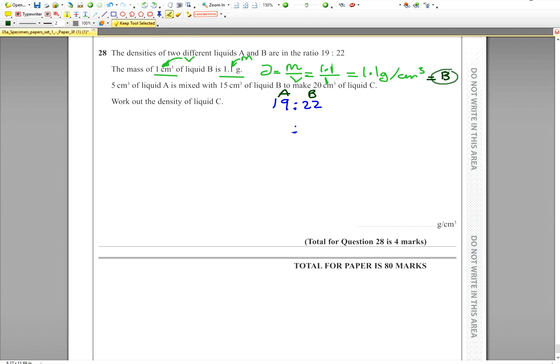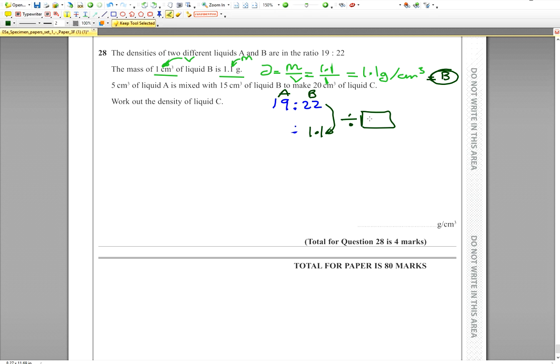B. So what does 22 represent? 1.1 grams per centimeter cubed, because that's what we just worked out. How did this ratio end up like that? What do we do to 22 to make it 1.1? Let's see any smart pants amongst us. How does 22 become 1.1? I'll give you a clue. I'll start you off. You divide by something.